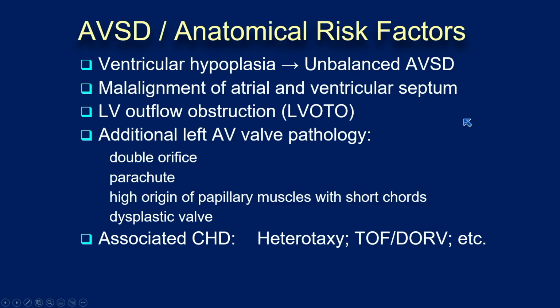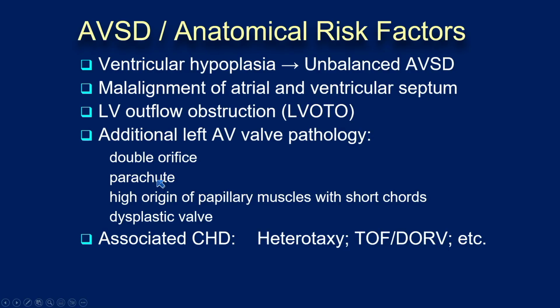Anatomical risk factors that are predictive of outcome are the ventricular hypoplasia. So if you have an unbalanced AVSD, malalignment of the atrial and ventricular septum, left ventricular outflow tract obstruction, and additional left AV valve pathology, which is rare, double orifice left AV valve, parachute valve, which can be very important for the repair.